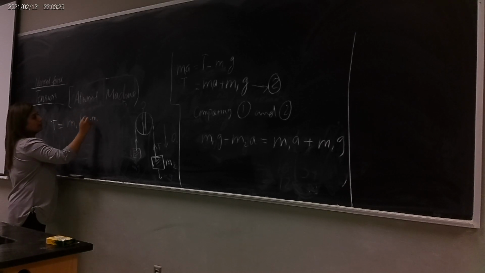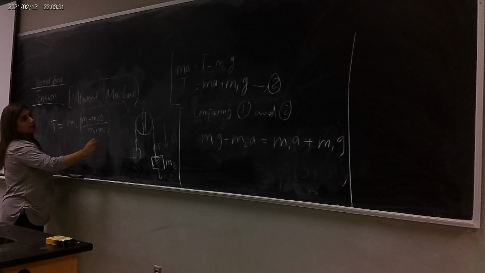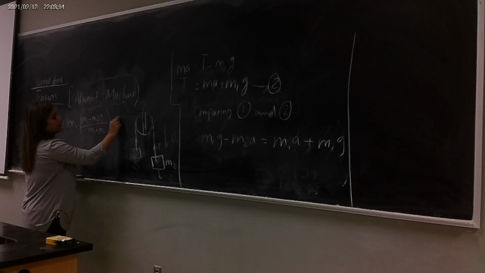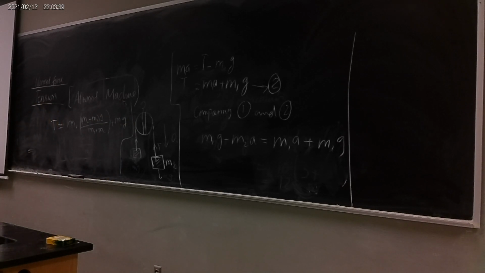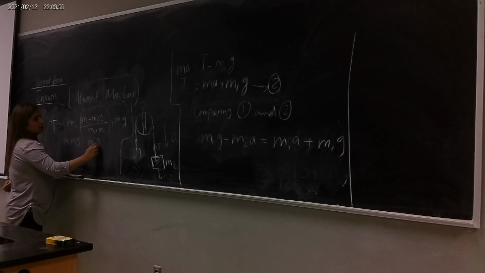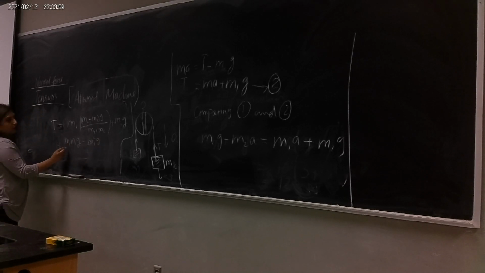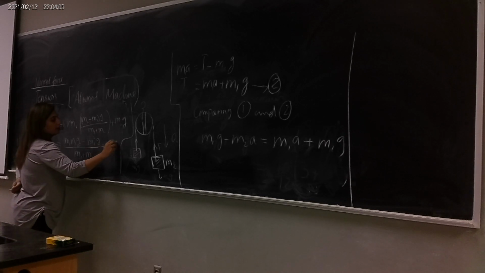T equals M2 minus M1, G divided by M1 plus M2, times M2, plus M1G. Right? So I just replace A by its known value, multiplying them. Now it's going to be a little bit more calculation. M1M2G minus M1 squared G, divided by M1 plus M2, plus M1G.